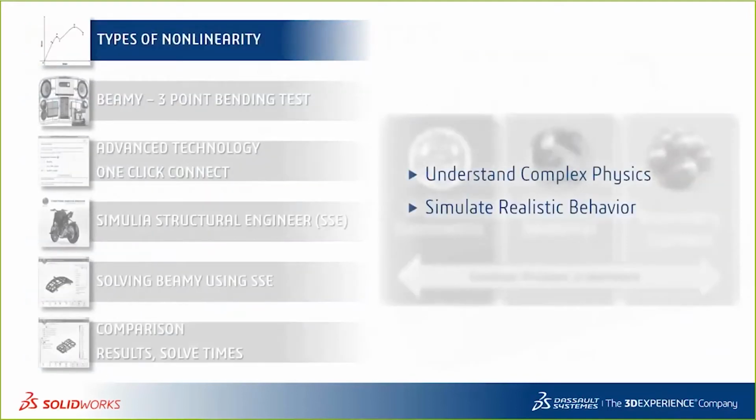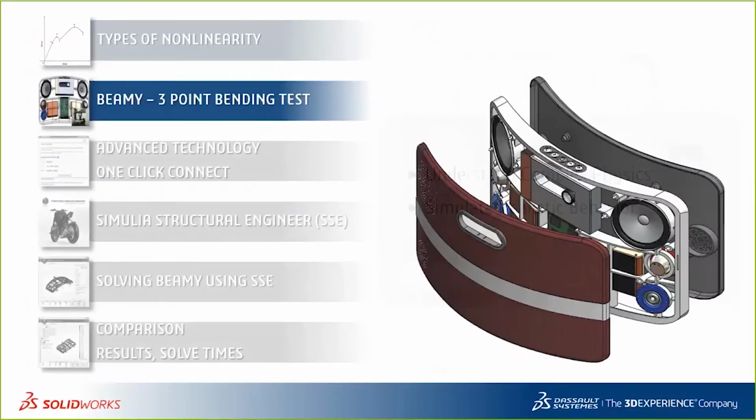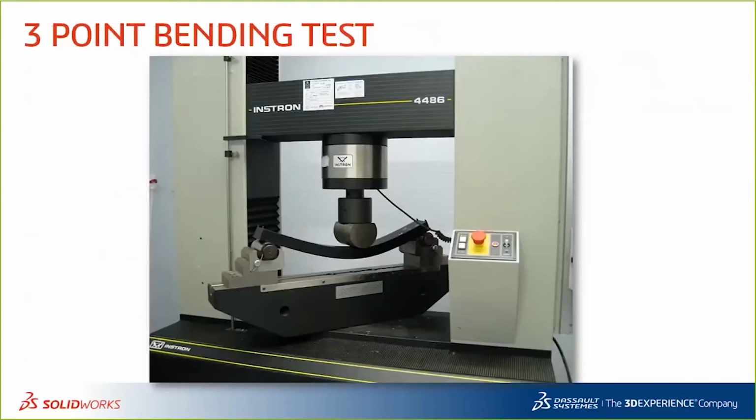So let's talk about the example that we're going to use today. What we have here is a BME speaker. We are going to run a 3-point bending test on the chassis of this speaker, which is made out of plastic and possibly even 3D printed.